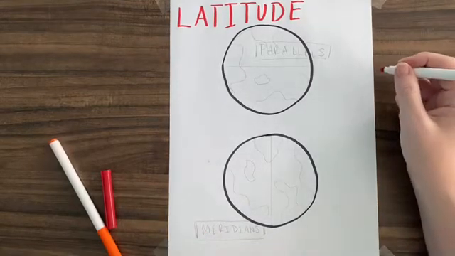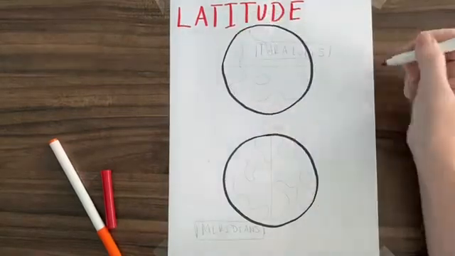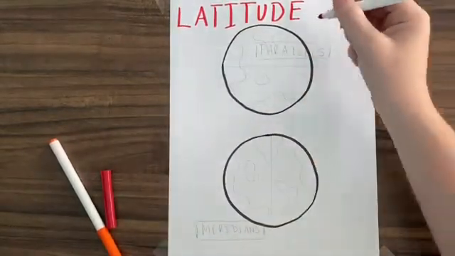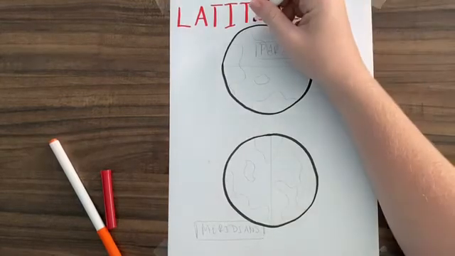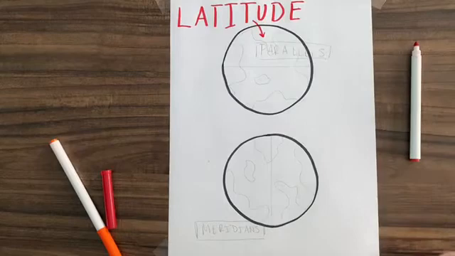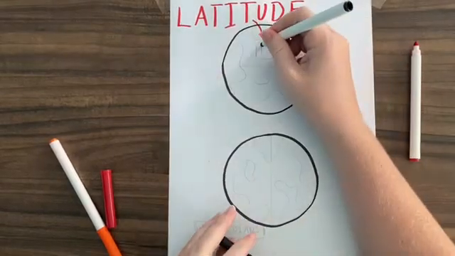So for latitude, I'm going to write in a red marker to help you understand what's latitude and what's the other thing we're going to talk about. So sometimes latitude are called parallels.